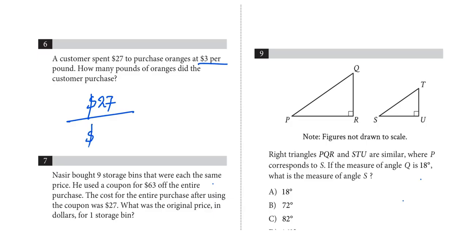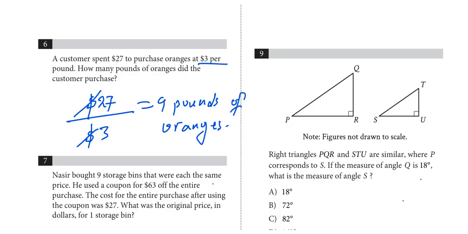So divide by $3. The dollar sign will simply cancel out, and 27 divided by 3 will give us 9. So the answer to this question is 9 pounds of oranges.